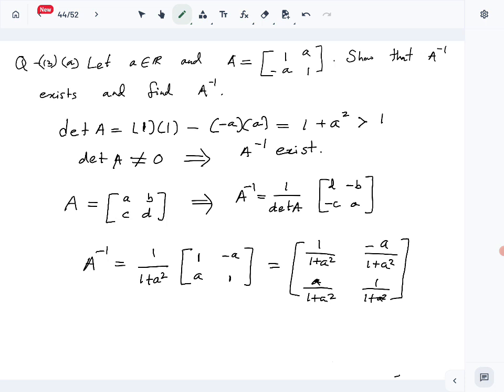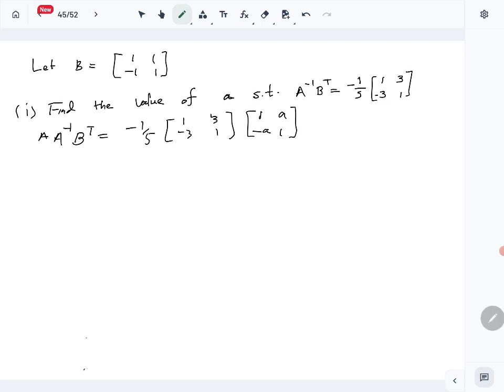Right. Then the next part is, we have been given this B matrix and we want to find the value of a such that A inverse B transpose is going to be equal to this given matrix.